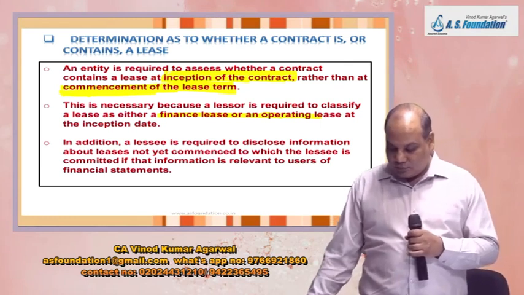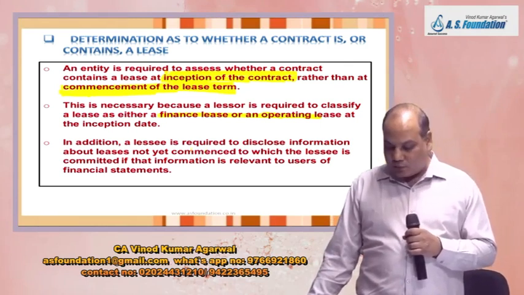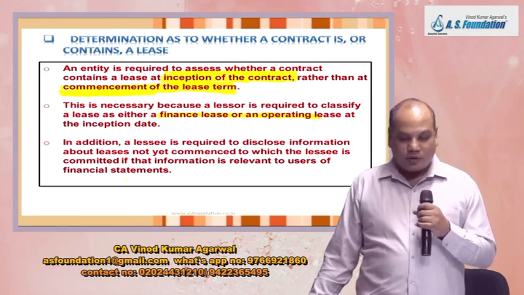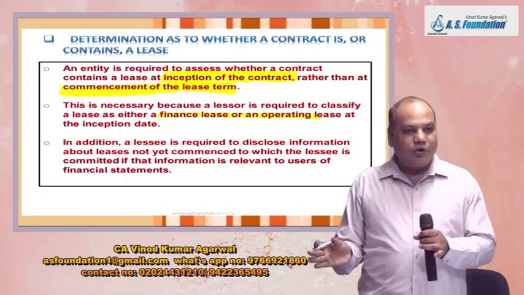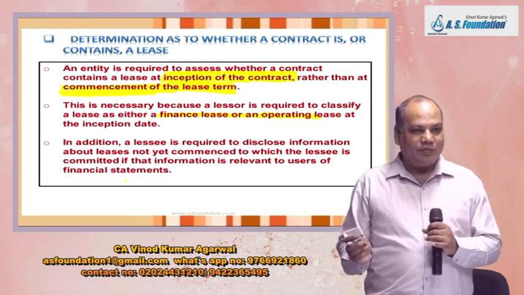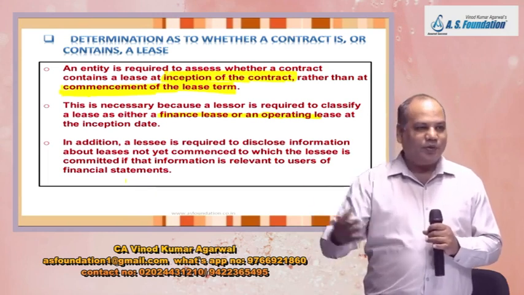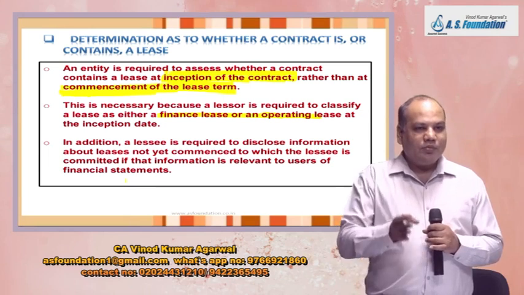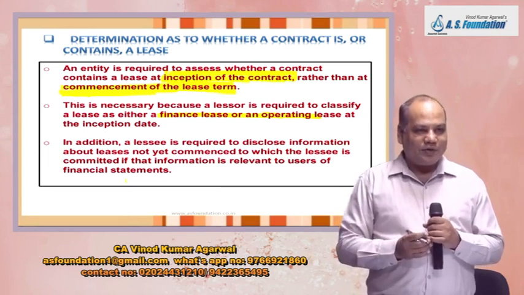In addition, a lessee is required to disclose information about leases not yet commenced, to which the lessee is committed, if that information is relevant to the users of financial statements. Possibly the inception of the contract is 29th March, commencement is 5th June, and the year ending date is 31st March.